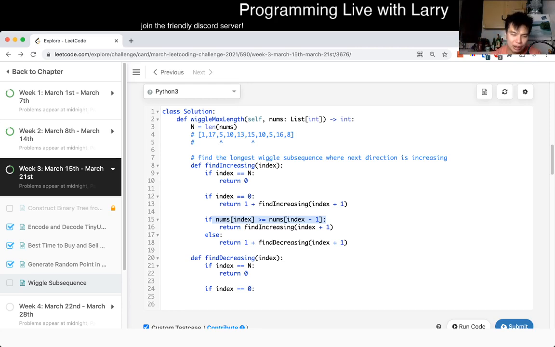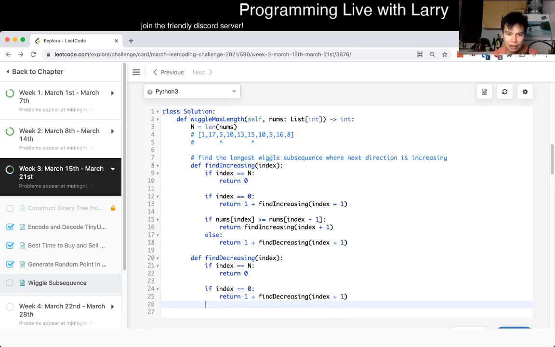And here, if the opposite, then you would find 1 plus find decreasing. That's basically the idea. Now you compress them to one number, and now you start the beginning of a decreasing in this number. And you can probably guess that this find decreasing part is going to be very symmetric as a result.